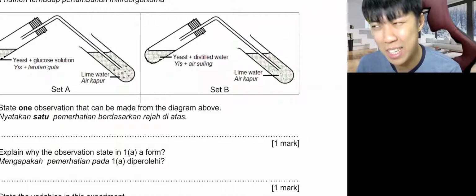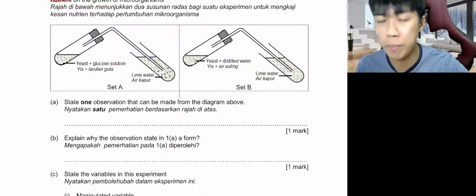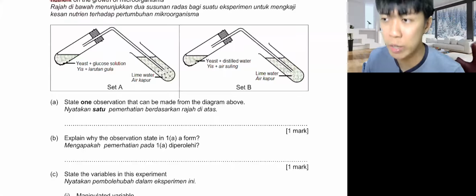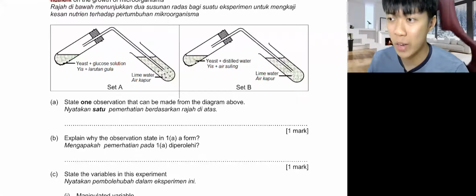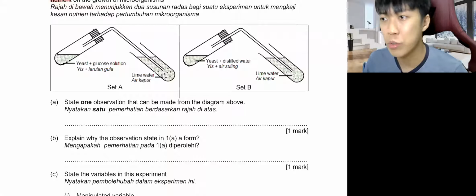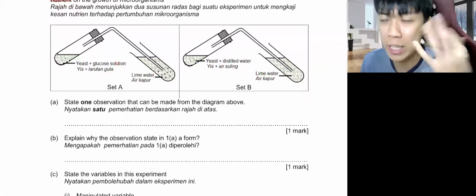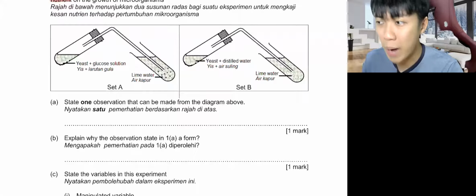If you want to write presence of yeast, I would rather you write the amount of yeast or the volume of yeast. So those that you mentioned, I kind of adjusted, but not as good as what I mentioned just now, which is temperature.